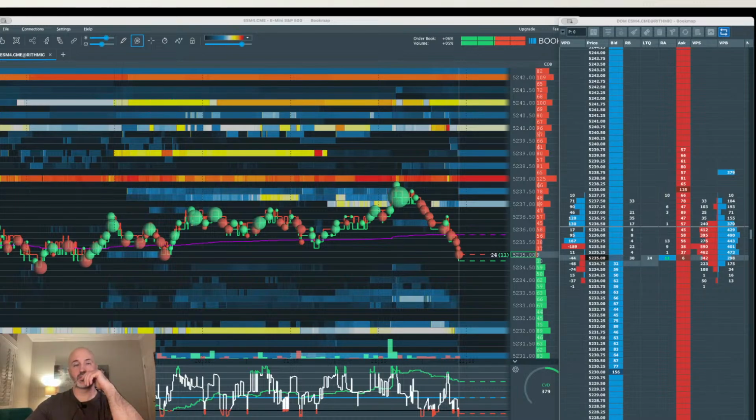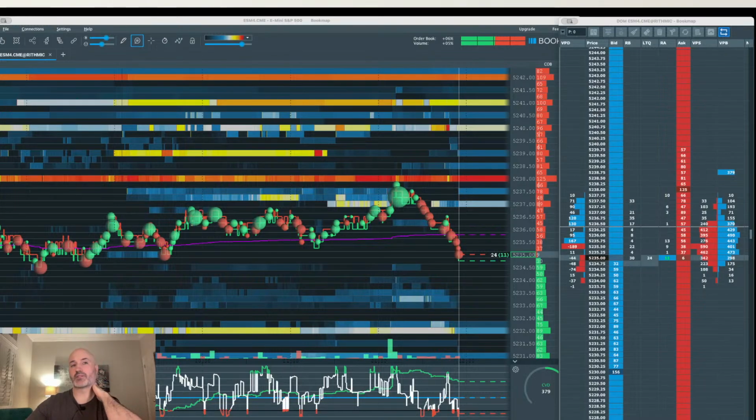You see some of the orders on the book up here, which is also highlighted on Bookmap, but correlates here. I like seeing the delta, the volume profile delta at that price. So that's what this is telling me.